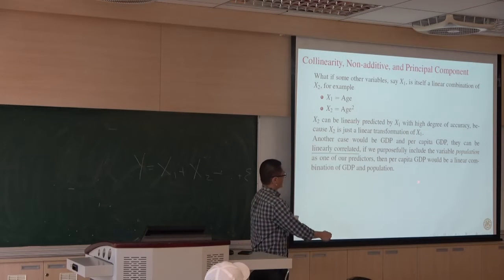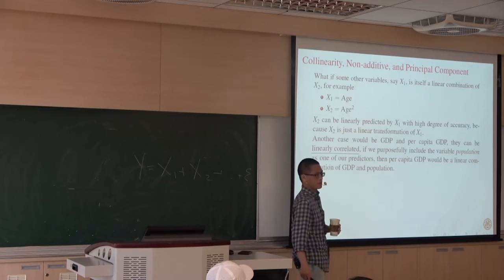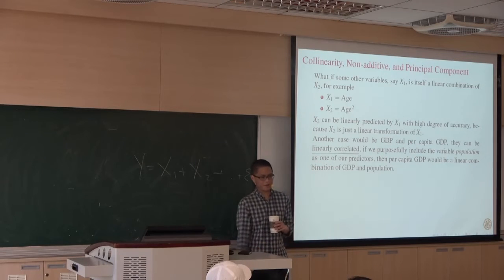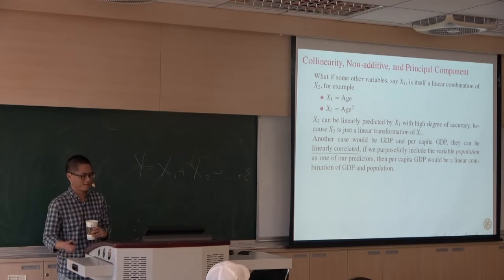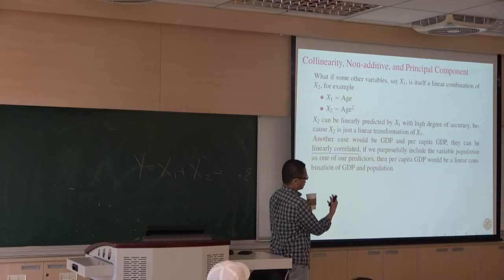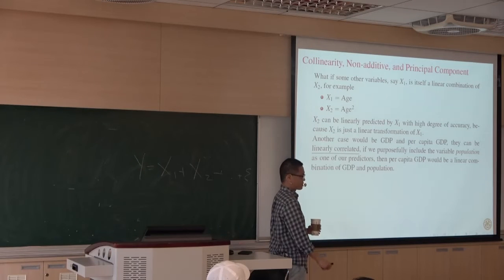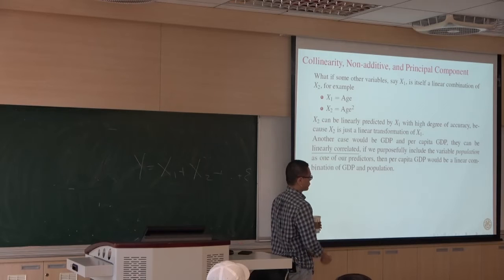So GDP per capita is a combination of GDP and population. So it seems that we have somehow violated the non-linearity condition. But sometimes it's recommended, and you can put these into the same model as long as they're not perfectly correlated with each other. That should be fine.